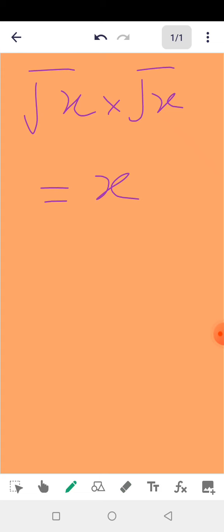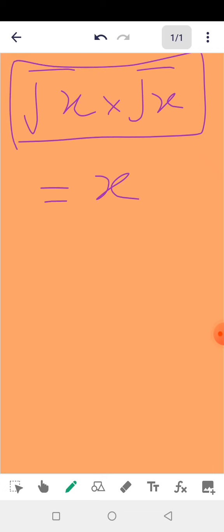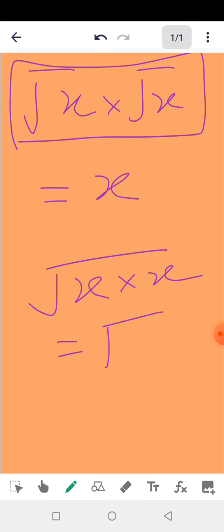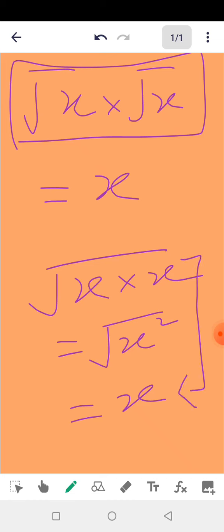Now, if I apply that rule for this question, I can just write this whole thing as square root of x times x. Now, square root of x times x will be square root of x squared. And you and I know in maths, the square root of x squared should be x. So that's about it. Now, these are basically what surds are.